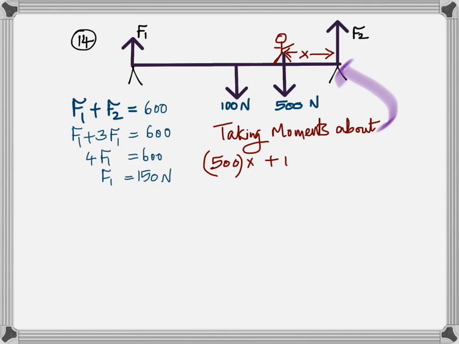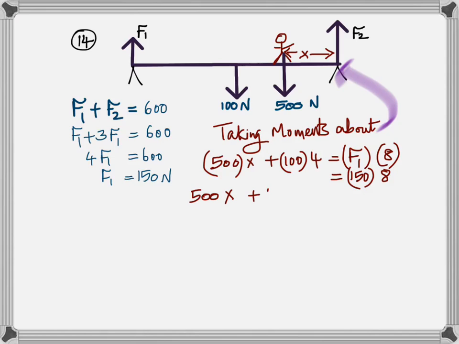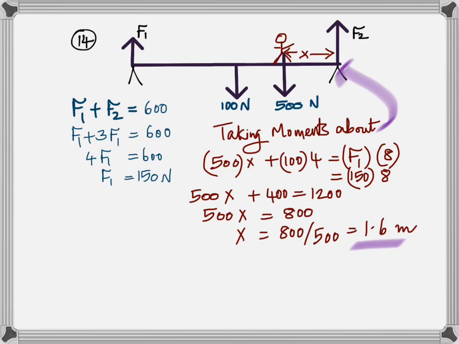So 500 times x plus 100 times 4 is equal to F1 times 8. F1 is 150, so put that down. Simple math. So you get 500x is equal to 800, and x is 800 divided by 500, which gives you 1.6 meter.